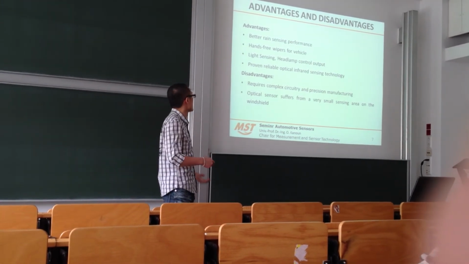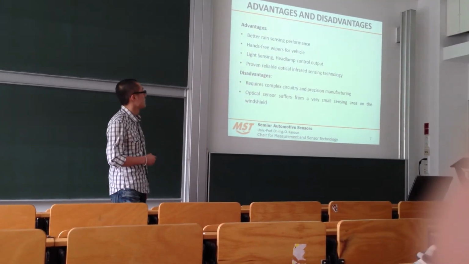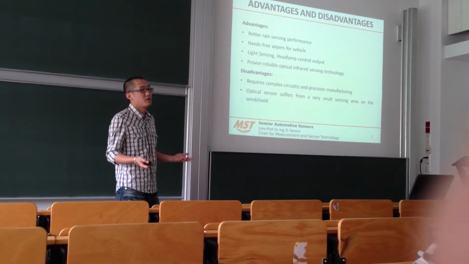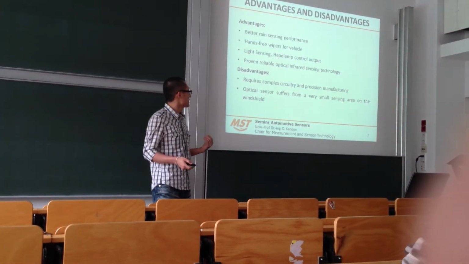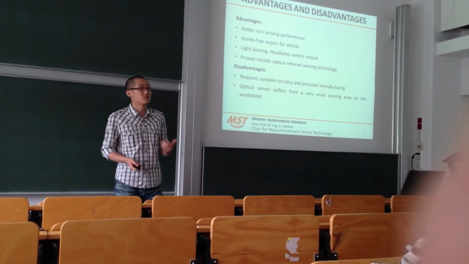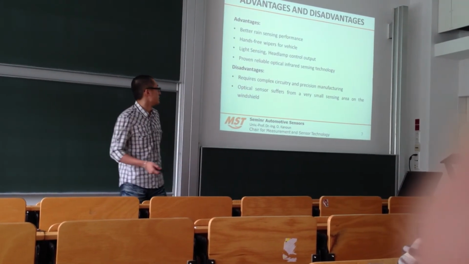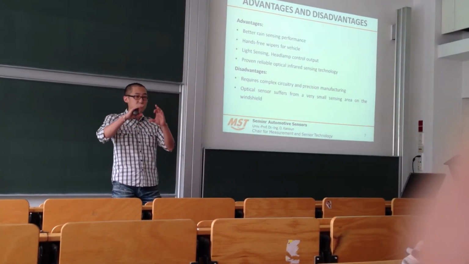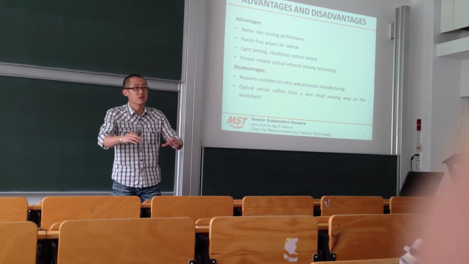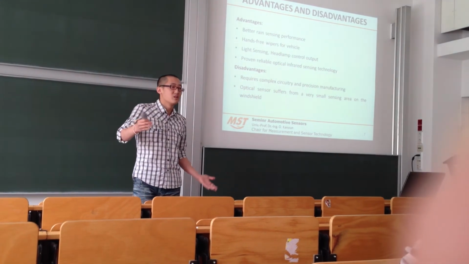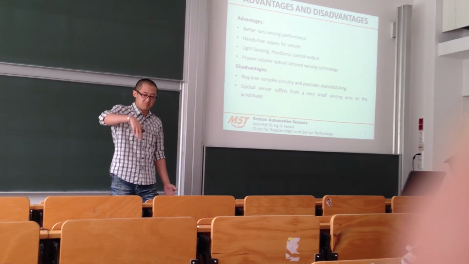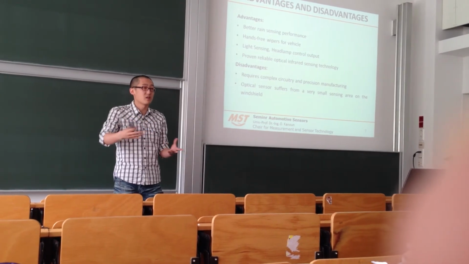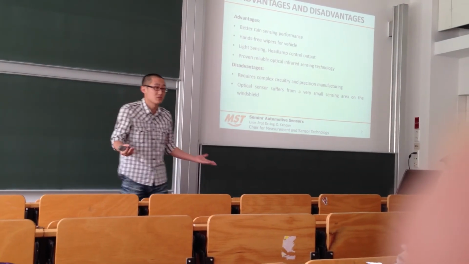There are also some disadvantages of the optical rain sensor. It requires very complex circuitry and precision manufacturing. And the optical sensor only covers a very small space of the windshield, which means if the rain drops avoid this sensor, it can't make a quick response.